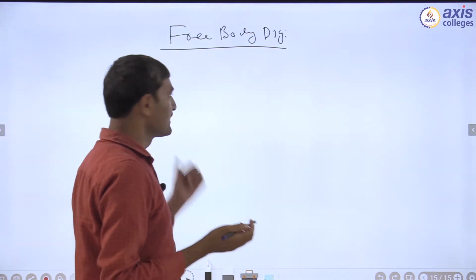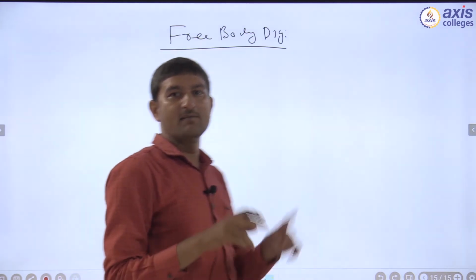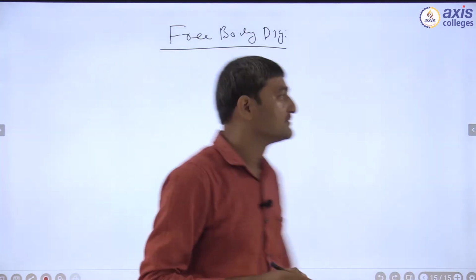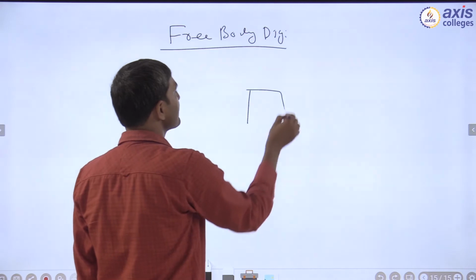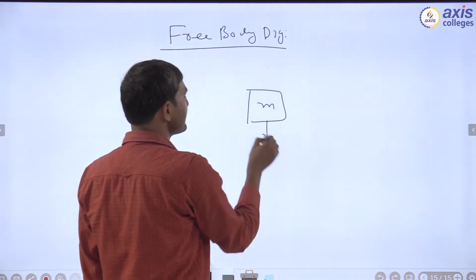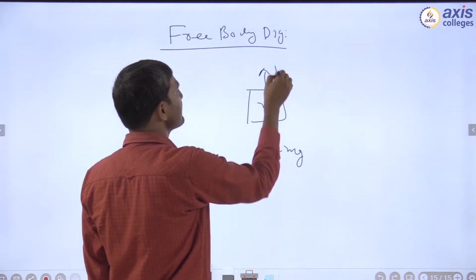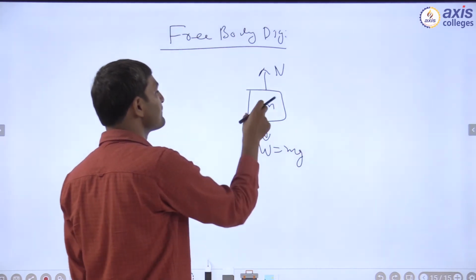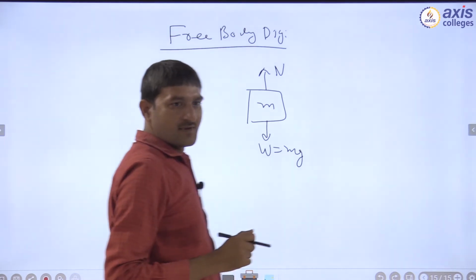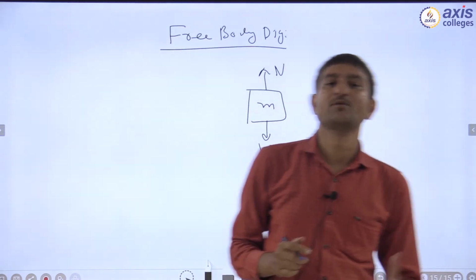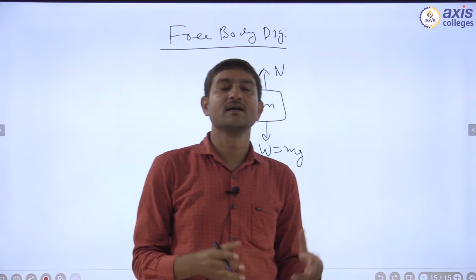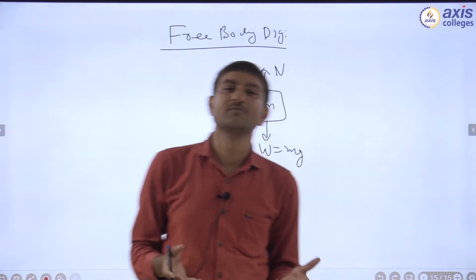As we have discussed in the earlier example, if I have a block of mass m, it has a weight W equal to mg and normal reaction N. So this is the free body diagram of this block m. So free body diagram means we have to draw out all the forces clearly, whatever possible forces are applying.